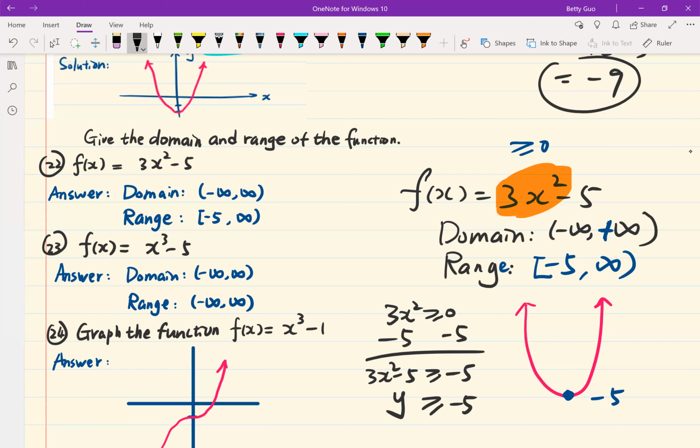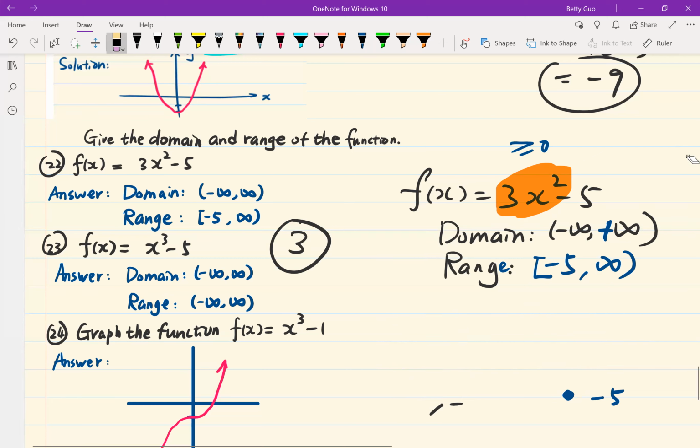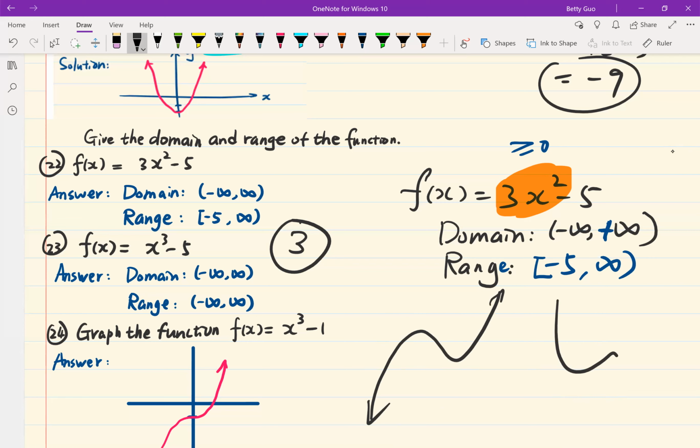Number 23 is a polynomial function with degree 3. Remember, on Monday, we covered that the graph of a polynomial function with degree 3 always looks like this way or this way.